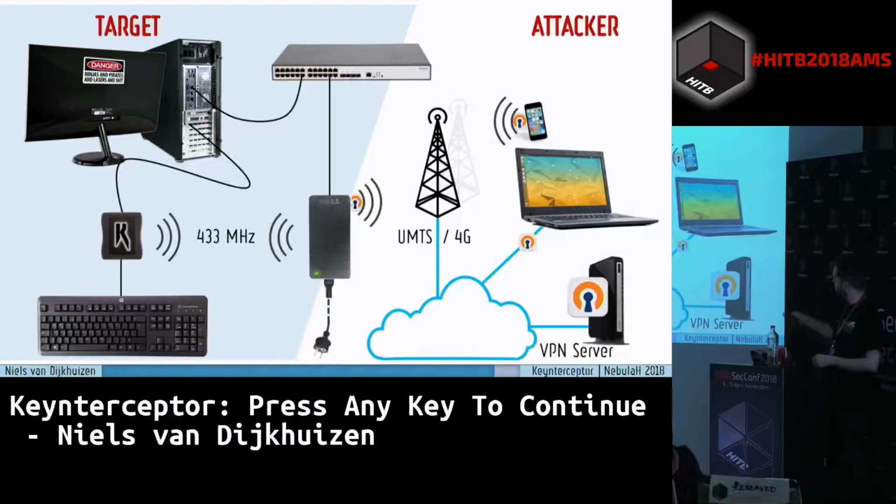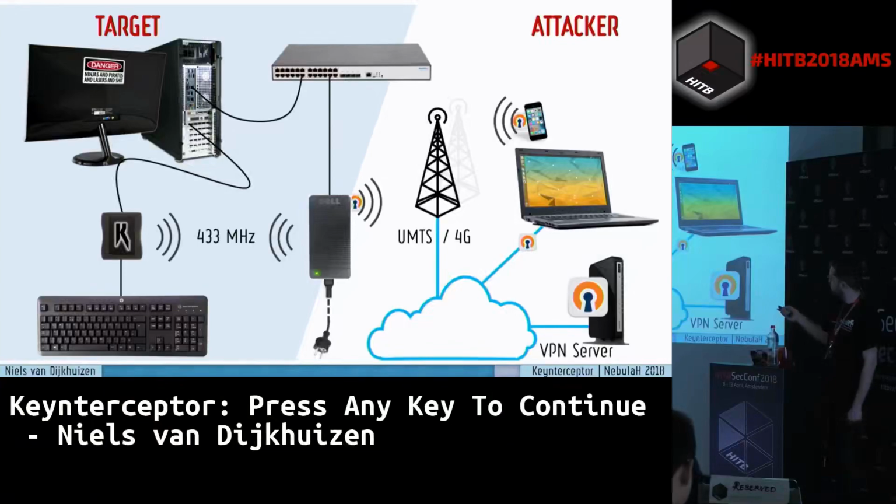Here we have the target, let's say an office building. One places the Keynterceptor in between the keyboard and the computer, or has a keyboard prepared that's inside the keyboard itself. We have the power adapter that can communicate with this device.